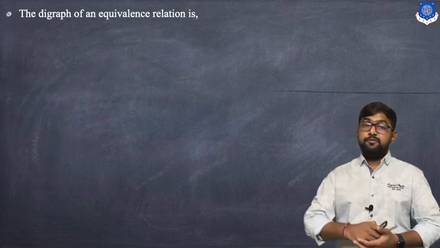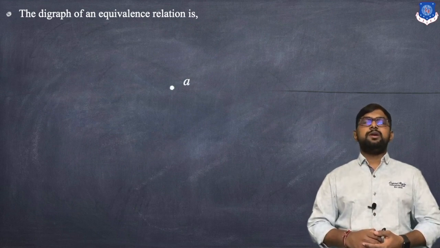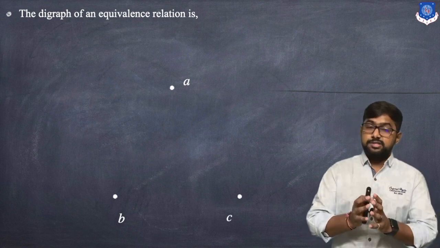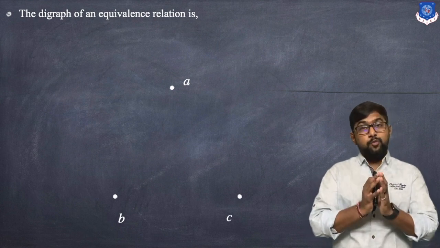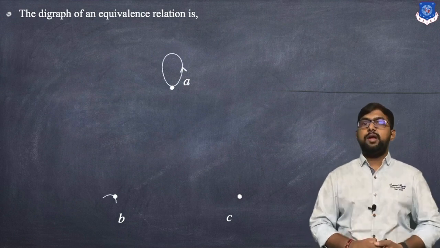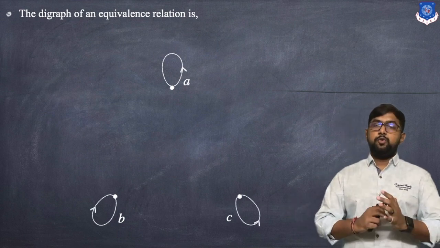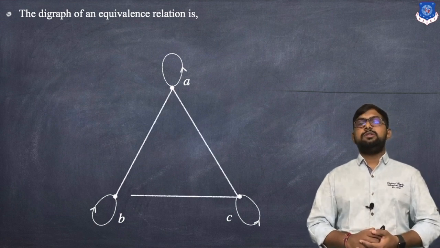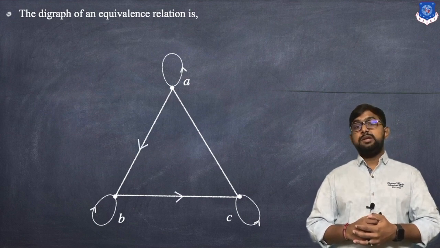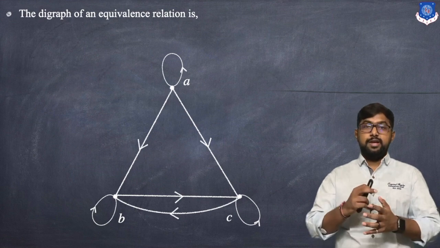So the diagram of an equivalence relation will be, see, we have 3 points. Let us take 3 points, A, B, and C. As it is reflexive, every point has to be related to itself, so we will draw loops like this. A is related to A, B is related to B, and C is related to C. Now it is a symmetric relation, so if a is related to b, b is related to c, then a is related to c.